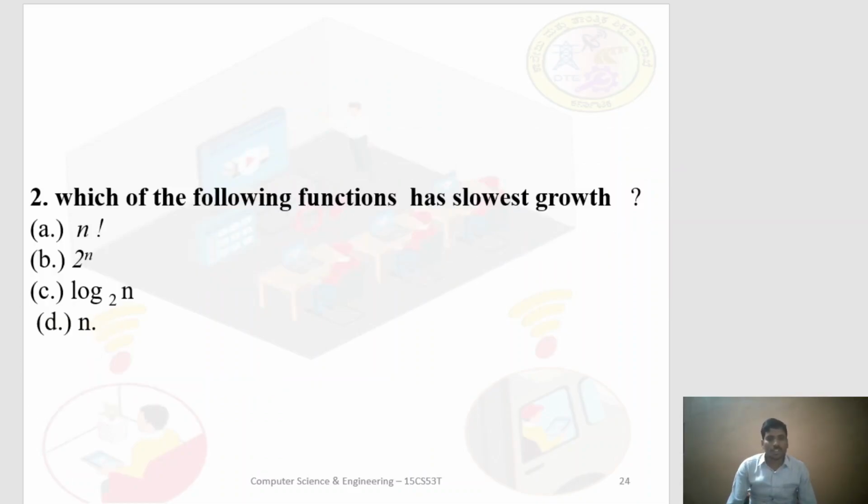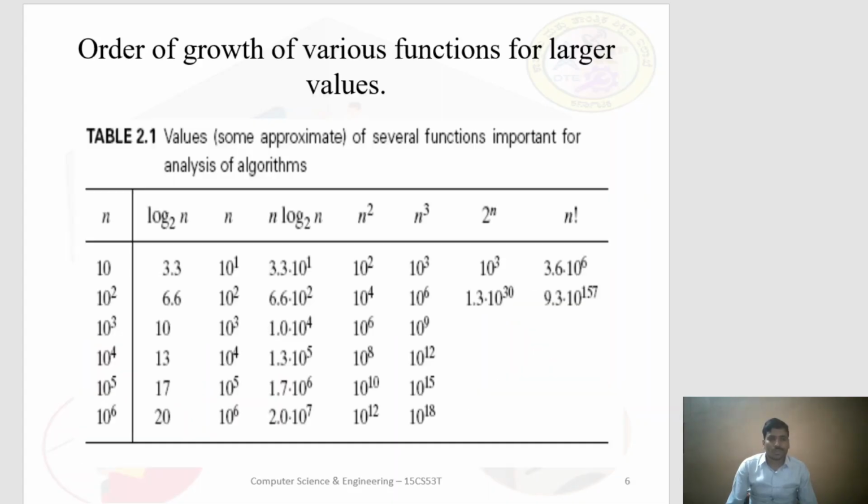Now let us see the second question. Which of the following functions has the slowest growth? Given 4 functions, the question is which function has the slowest growth. If you remember the table, or compare the values in the table, you will come to know the function which has the slowest growth. So here you observe it.